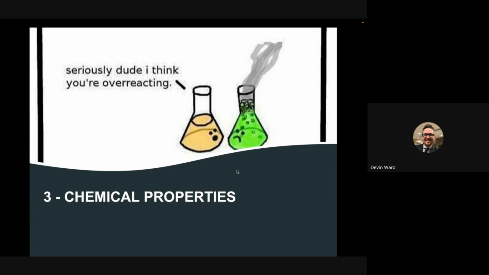So if you ever have a little bit of rusting in common spots like the wheel well of cars, that rust there is iron oxide. So if a substance can react with oxygen, that's a chemical property. So iron has the chemical property to react with oxygen.